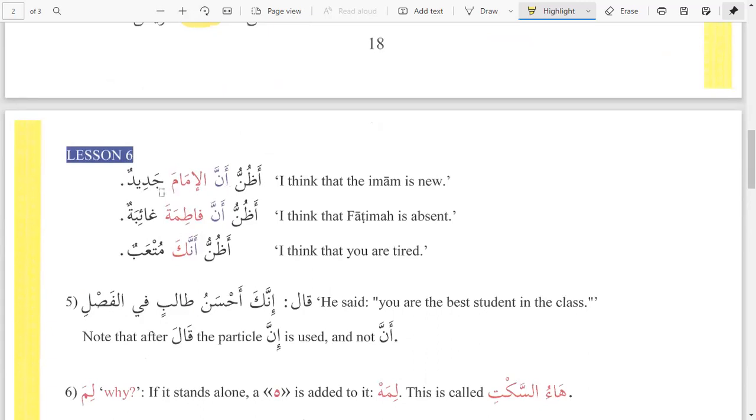Azunnu annal imama jadidun. Because of anna, al imama is mansoob here. I think that the imam is new.